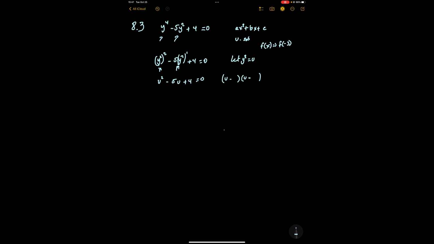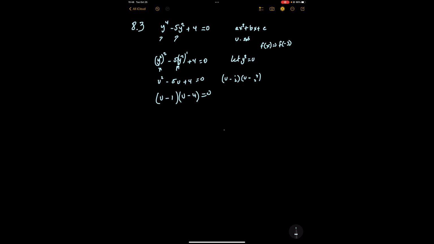It can be either 1 and 4 or 2 and 2, but you want those numbers to add up to 5. Of course 2 and 2 would not be equal to 5, but 4 plus 1 will be equal to 5. So therefore that would be u minus 1 times u minus 4 equal to 0.